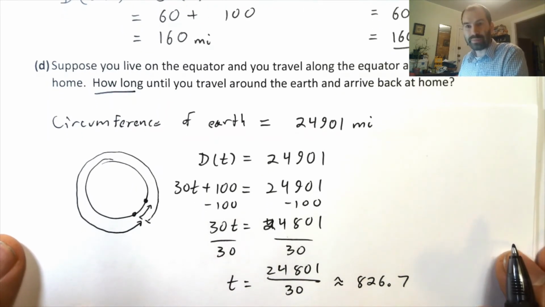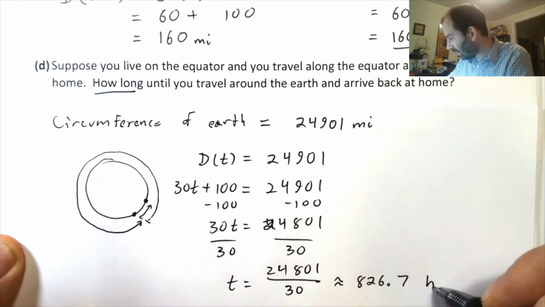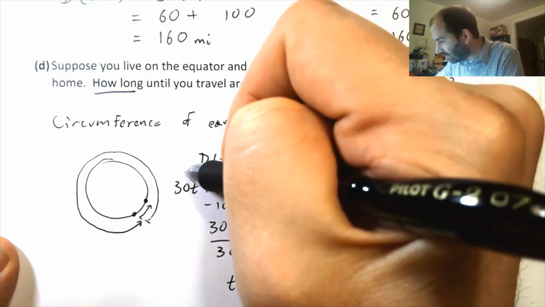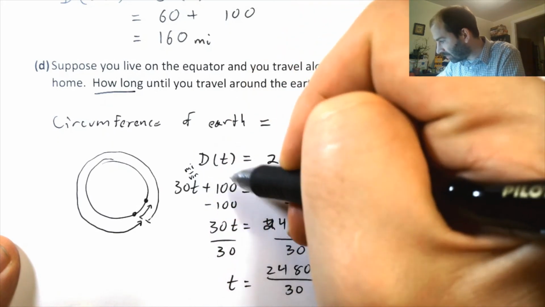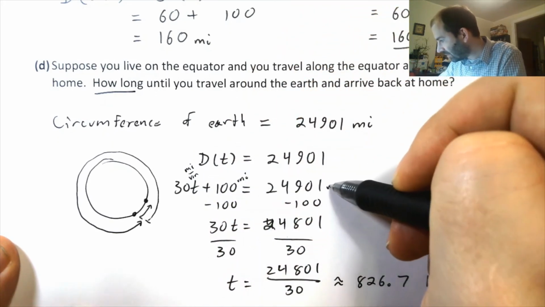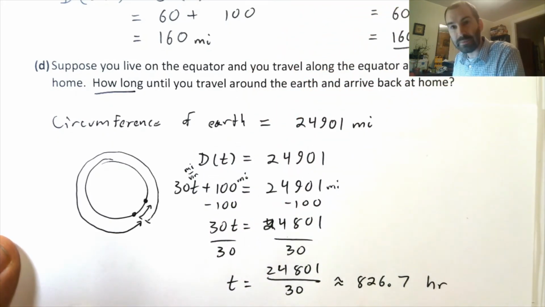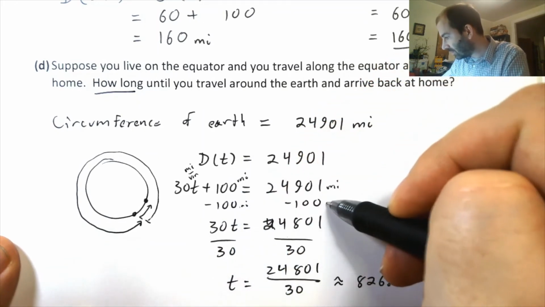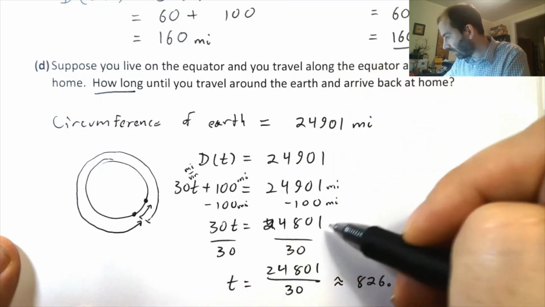826.7 what? Well, time is measured in hours. And actually, if you check the units, 30 is in miles per hour. These are in miles. So when I subtracted 100 miles from both sides, I was left with miles.